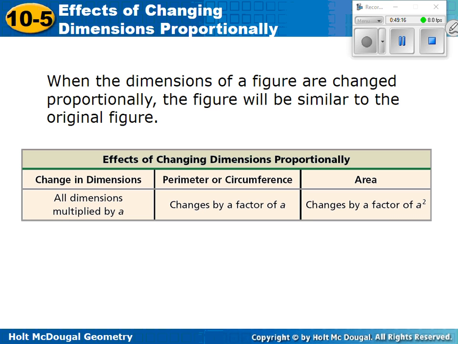So if all the dimensions are multiplied by 5, what's the perimeter or circumference going to be multiplied by? 5. So if all dimensions are multiplied by A, then the perimeter or circumference is multiplied by A. Okay, the second thing we discovered was the area is multiplied by A squared.